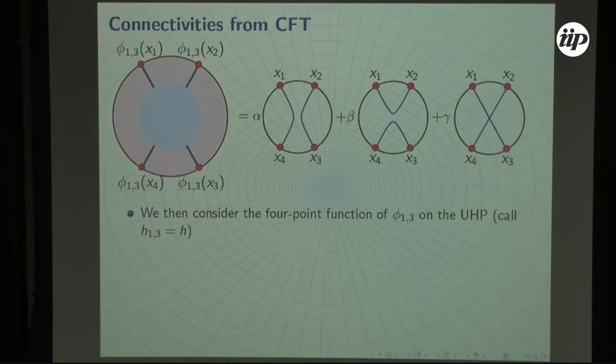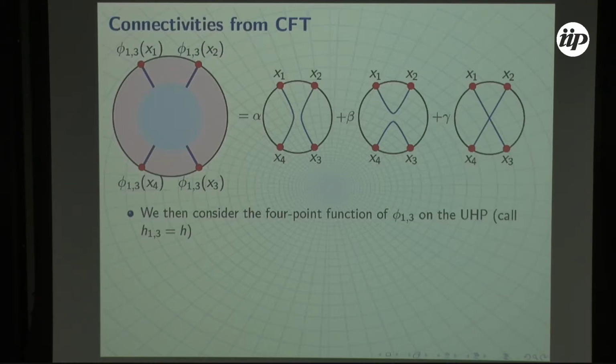So when I calculate this object, I know that it should be part of a vector space of dimension 3. And I also know, and this is why it is self-consistent, that the 4-point function of the operator phi 1,3 solves a linear differential equation of degree 3. So I know that these solutions span a vector space of dimension 3.